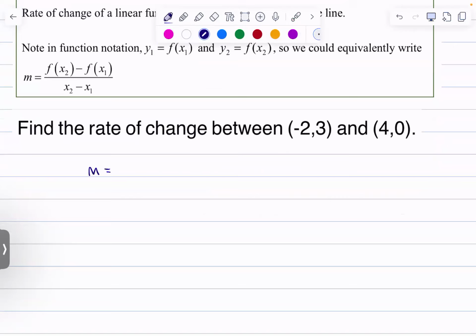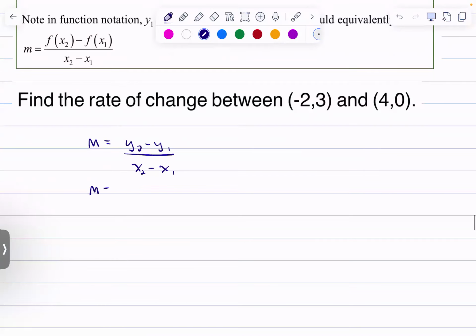We want to find the rate of change between -2,3 and 4,0. Find the slope. Okay. y2 minus y1 over x2 minus x1. Doesn't matter which point you use as your first point and your second point.